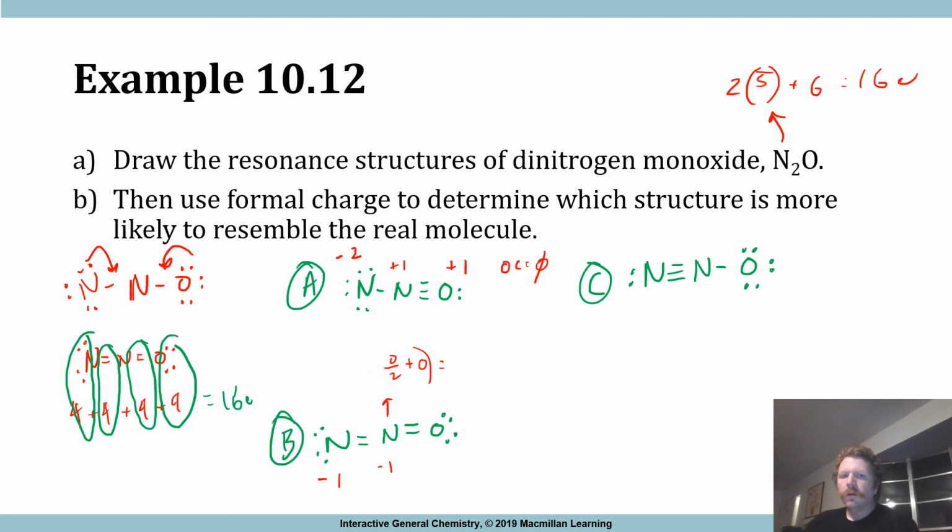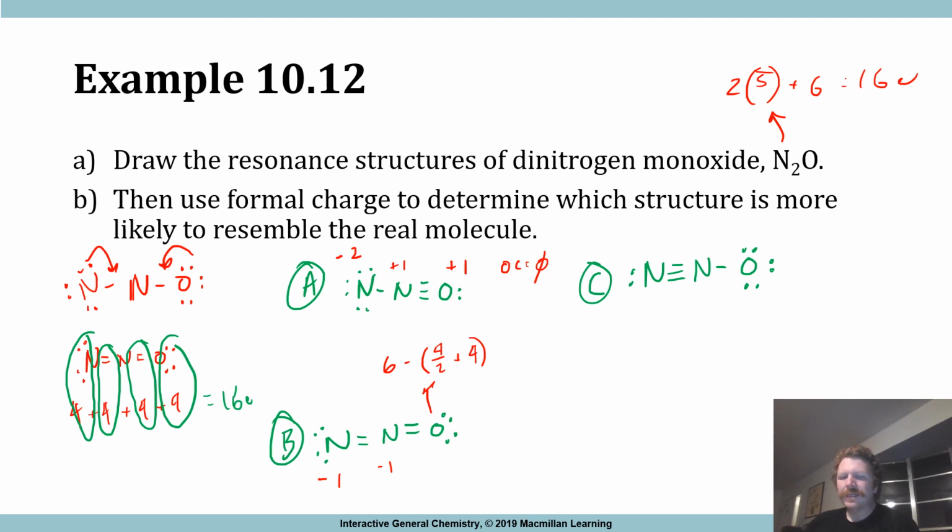Okay. Then the last one, oxygen, 6 minus shared electrons is 4 divided by 2, plus 4. So that would be 4 divided by 2 is 2, plus 4 is 6.